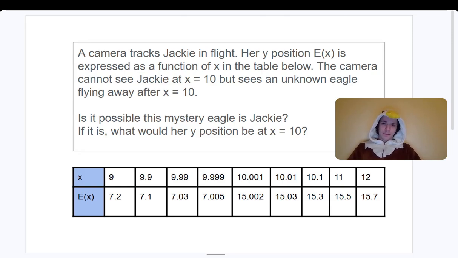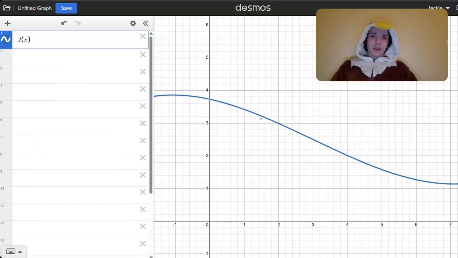And one more thing is, if you have any kind of function, so it could be j of x or it could be f of x, any kind of function, the limit is not the actual value. So the actual value is undefined here, but the limit is just as you're getting really close to it, what value are you approaching?